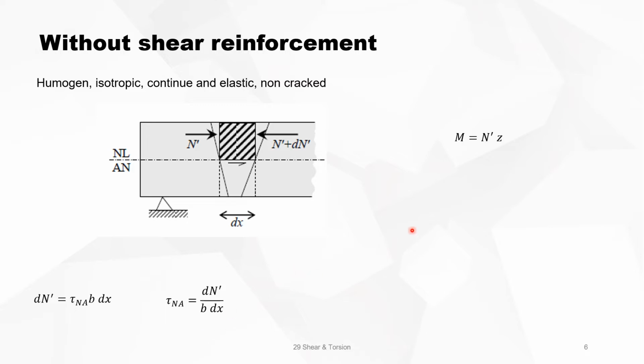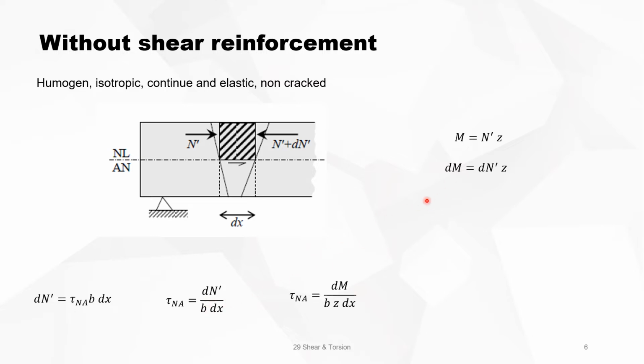Now if you take the bending moment, then the bending moment is of course the normal force times its lever arm. If you differentiate it, you have dM is dN times z plus dz times N, but dz is in this case 0. There is no increment of the lever arm in function of x.